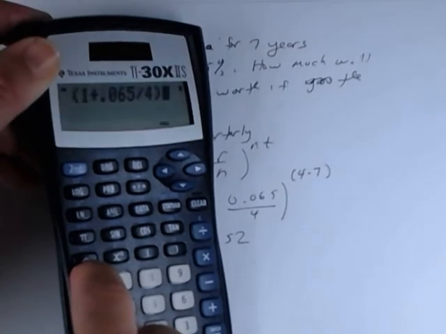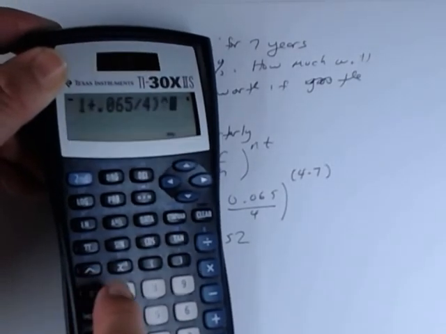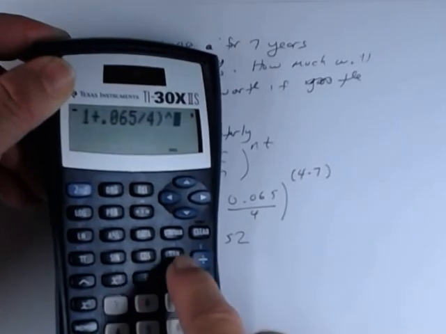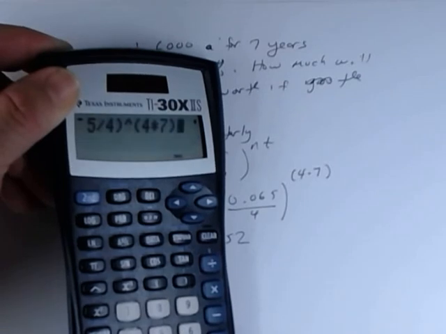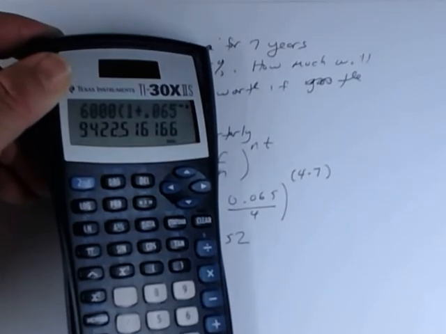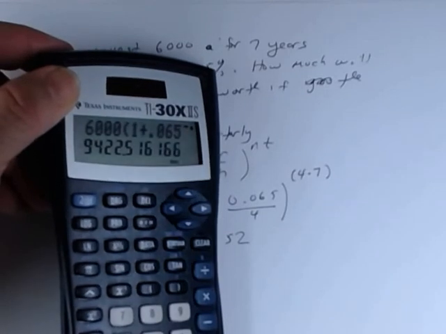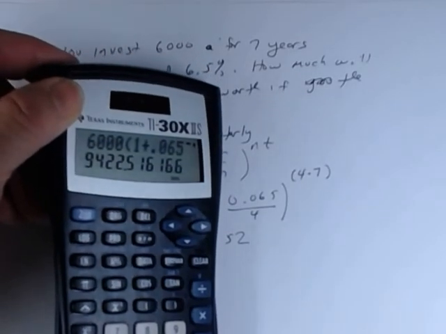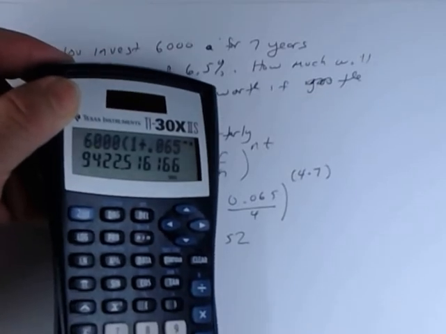You have to press this to raise it to a power. And then open parentheses, 4 times 7, close, and then press equal. Make sure that's what you got. Any questions?